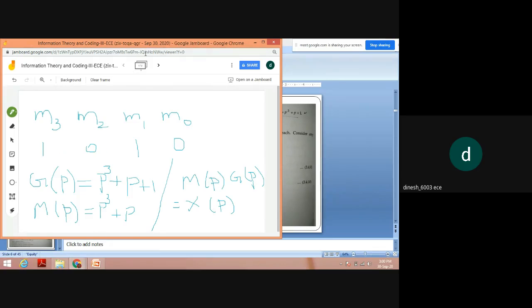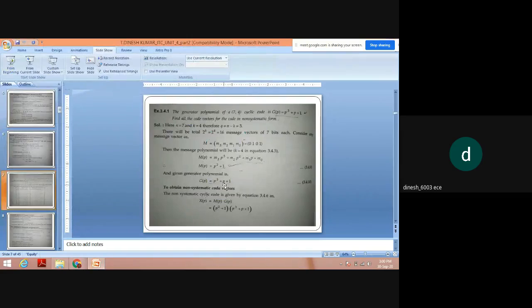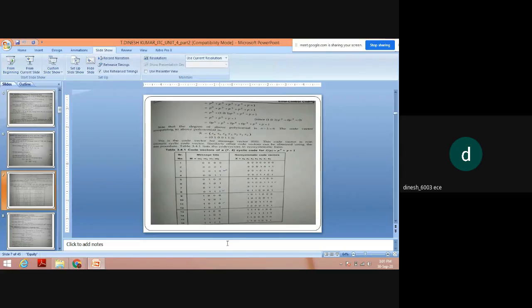So for 1010, I should get 1001110. Let me check in the table. Serial number 11. I'll enlarge it. Serial number 11 is 1010.